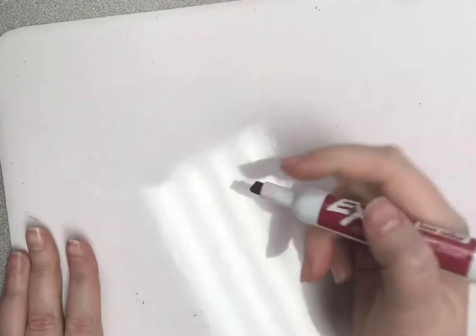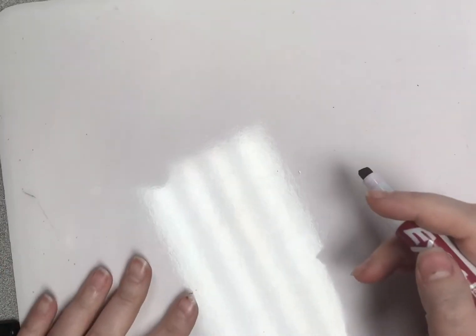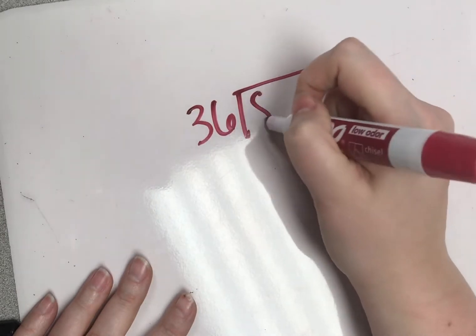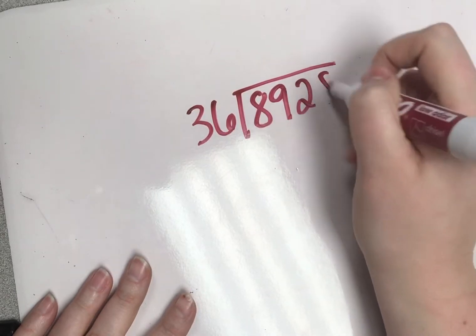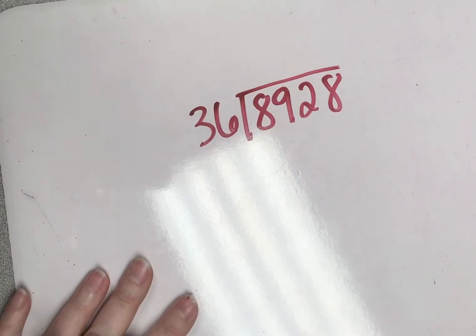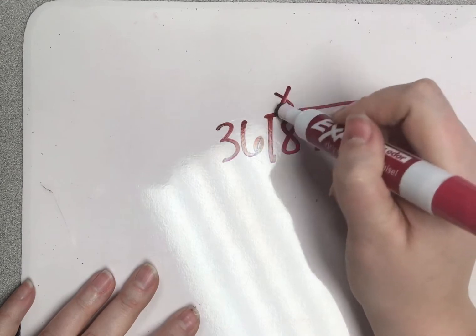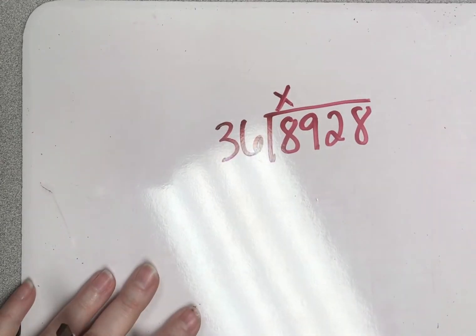The next one is to find the quotient, which has quite a large divisor here in 36, but I don't think that means it's impossible. We just have to do some guessing and checking. So we think, how many times does 36 go into 8? It doesn't, so then we check into 89.